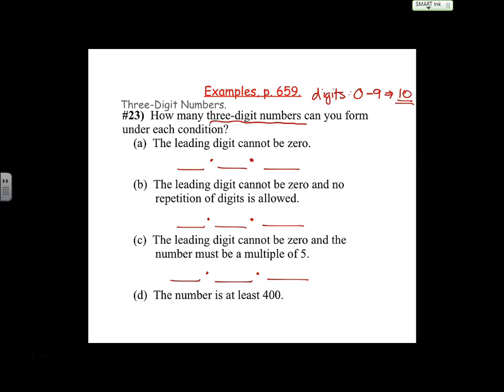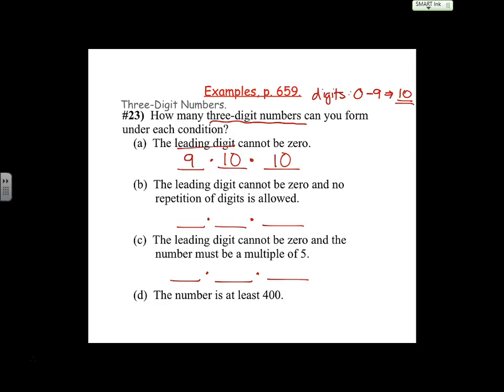The other way is to say, oh, cool. Out of all those 10 possibilities that the first digit can be and the second digit can be, the third digit, which is the leading digit, can't have a 0. It's just another way of thinking about it. The ones digit, there are 10 different options, 0 to 9. The tens digit, 0 to 9, 10 different options.